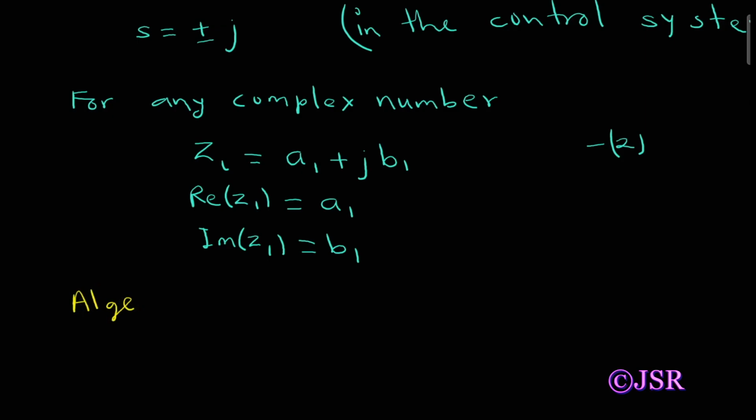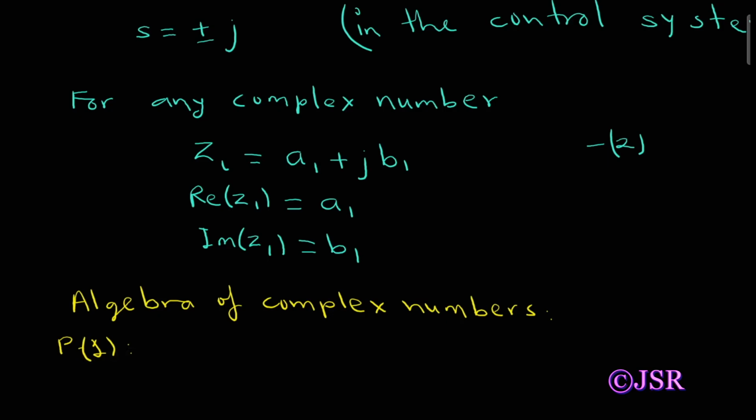Now coming to the algebra of complex numbers. So property 1, z1 plus minus z2.